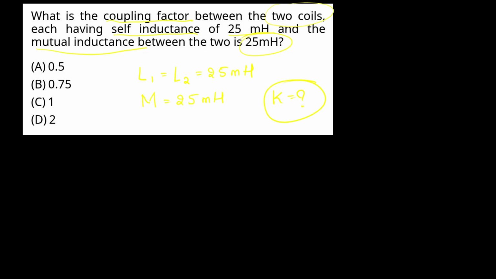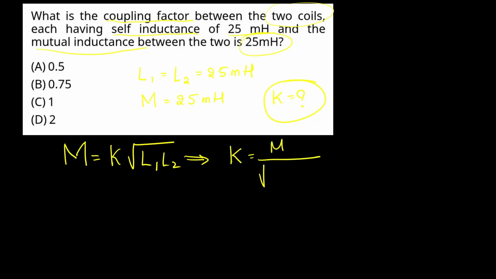We all know the formula that mutual inductance M is equal to coupling factor K times under root of L1 L2. If we rewrite this formula, we get K equal to M by under root of L1 L2.